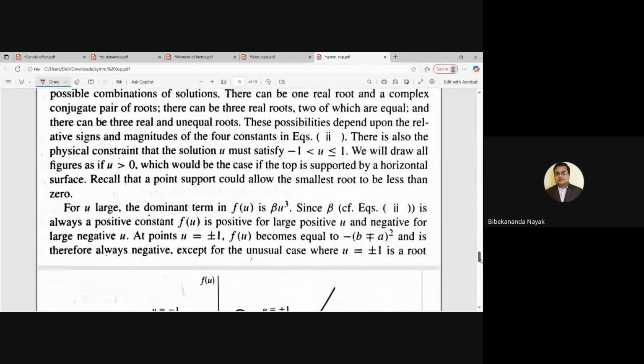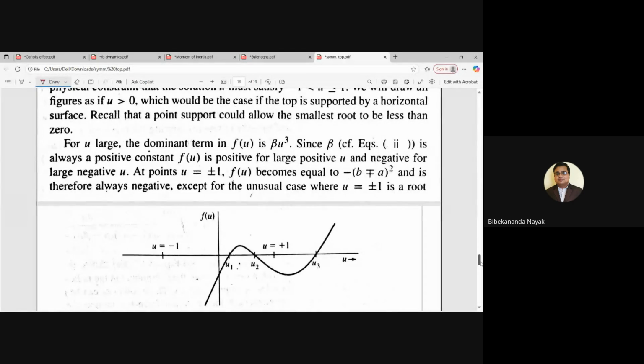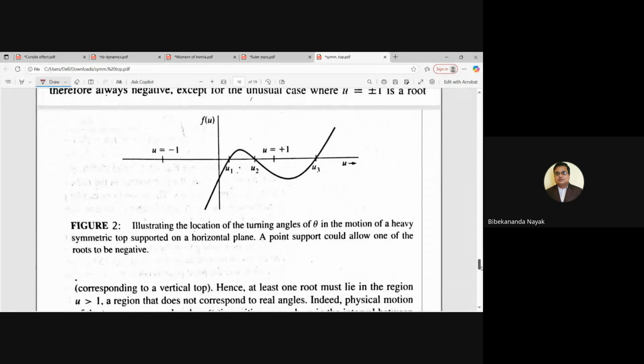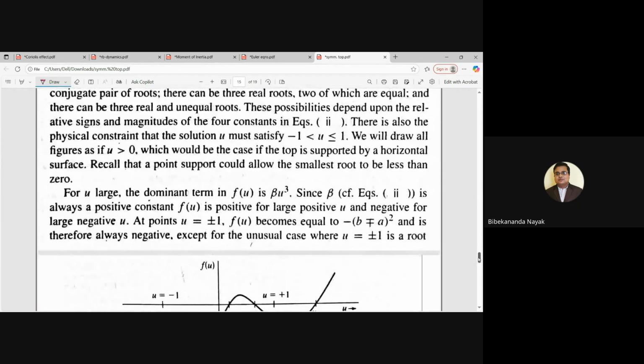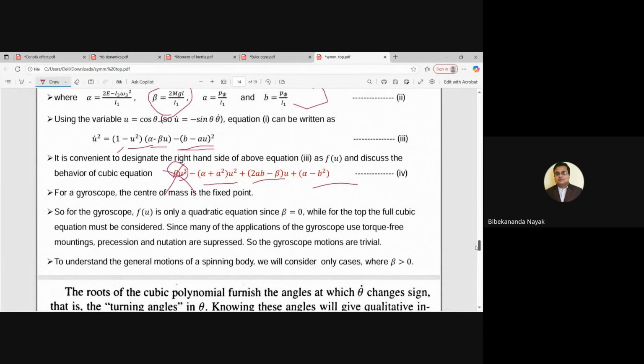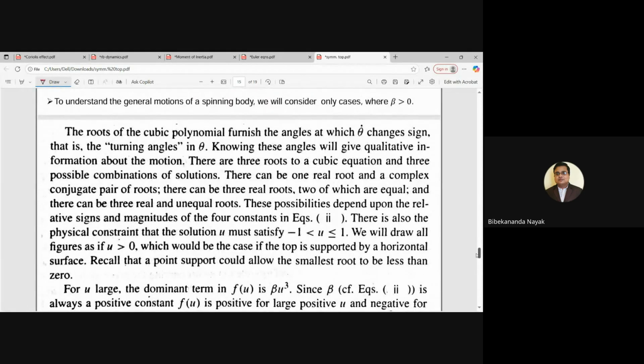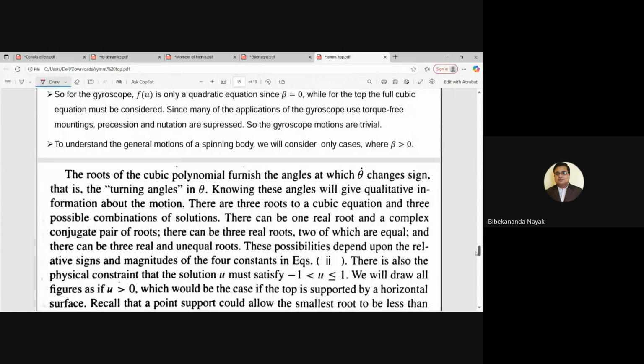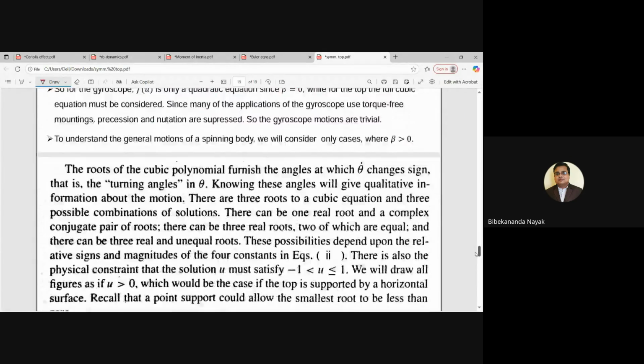This is the observation you find. For large u, beta u cube is dominant, always a positive constant. If we have two values, one positive and one negative, then the root lies between them. From this equation you can predict that for a physical constant, u must satisfy values from -1 to +1.